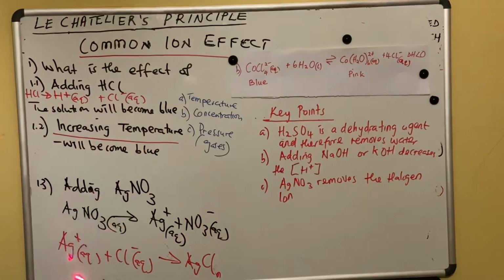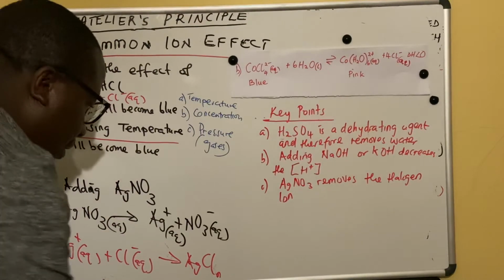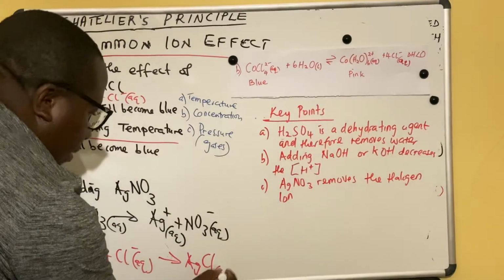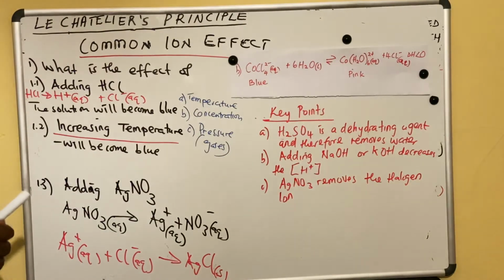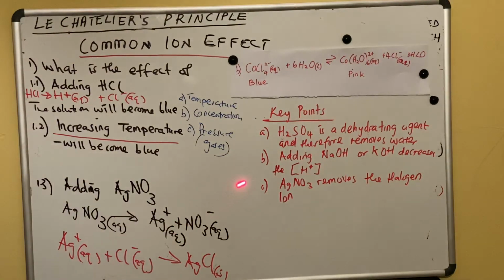So by adding silver nitrate, what are we doing? The silver nitrate is going to react with our chloride ions. So when it reacts with our chloride ions, it means the chloride ions are getting used up because they are reacting with the silver nitrate.